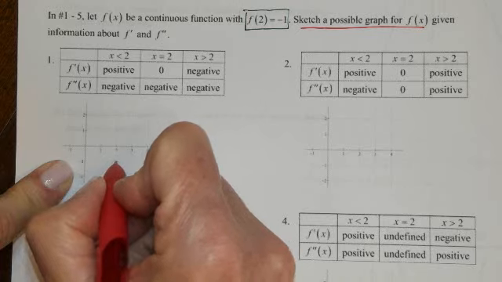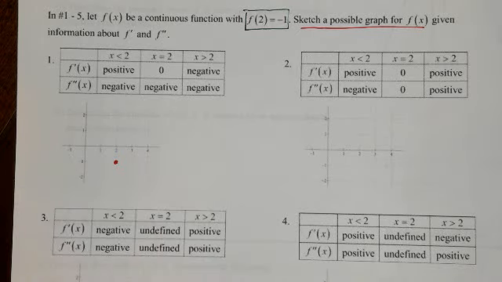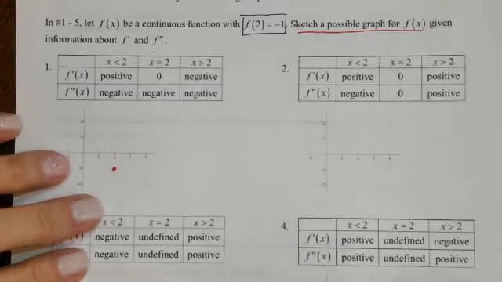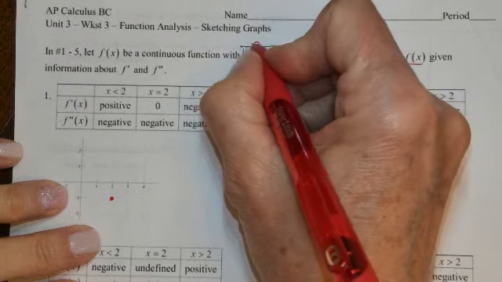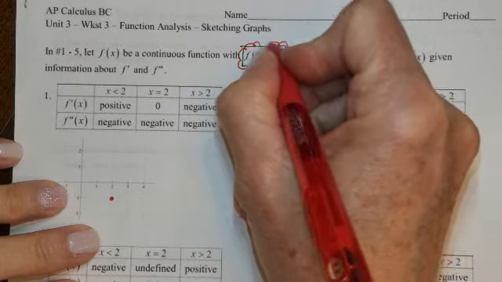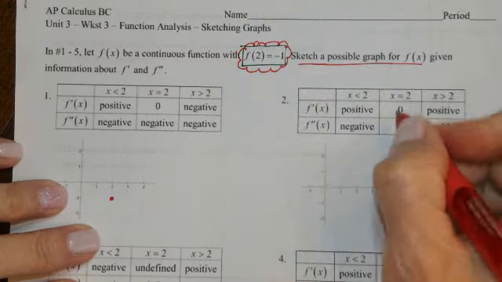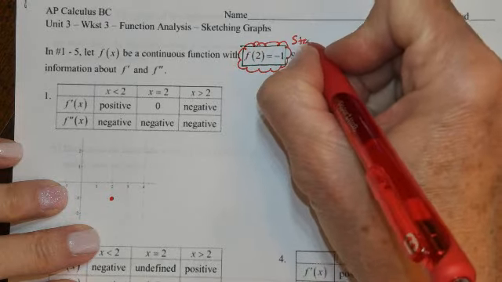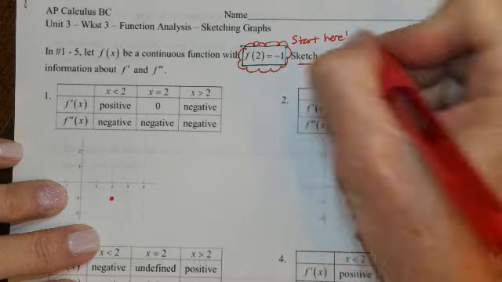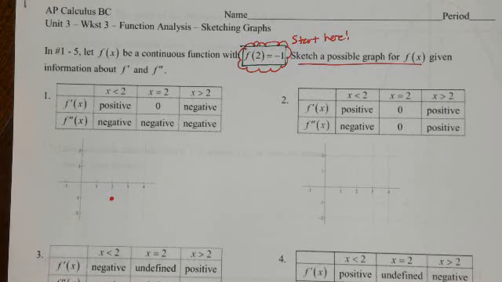So 2, -1 is right here. So let's re-emphasize this. If they give you a point, you definitely want to start there. So always start here if they give you a point. Okay? If they don't give you a point, then you're on your own for that.